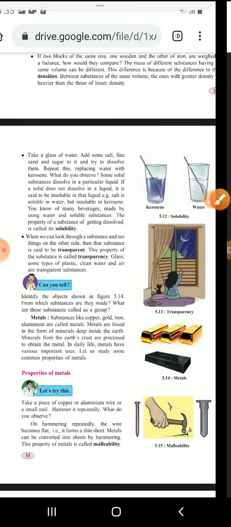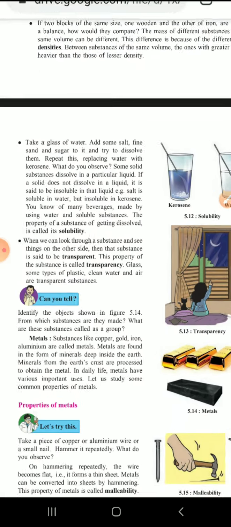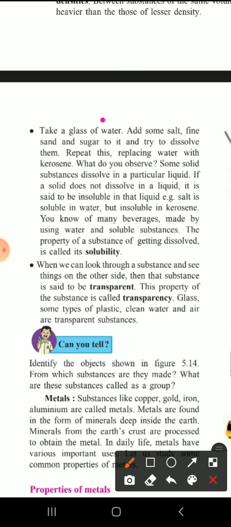Now open page number 38, then 39. Okay. Take a glass of water, add some salt, wine, sand, and sugar to it and try to dissolve them. Repeat this, replacing water with kerosene. What do you observe? Some solid substances dissolve in a particular liquid.